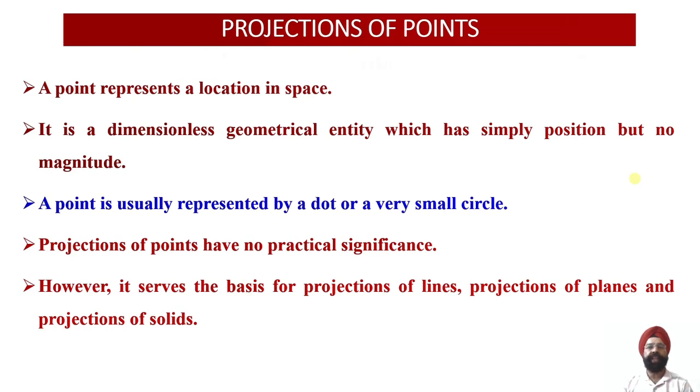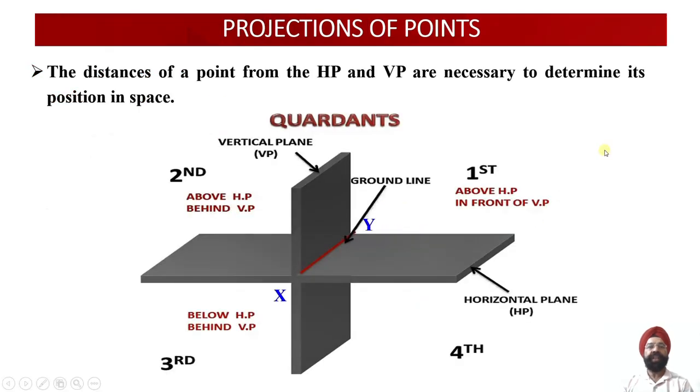Since a point doesn't have any magnitude but simply has position, the projections of the point don't have any practical significance, but serve as the basis for projections of lines, planes and solids. The distances of a point from the horizontal plane and the vertical plane are required to determine its position in space.